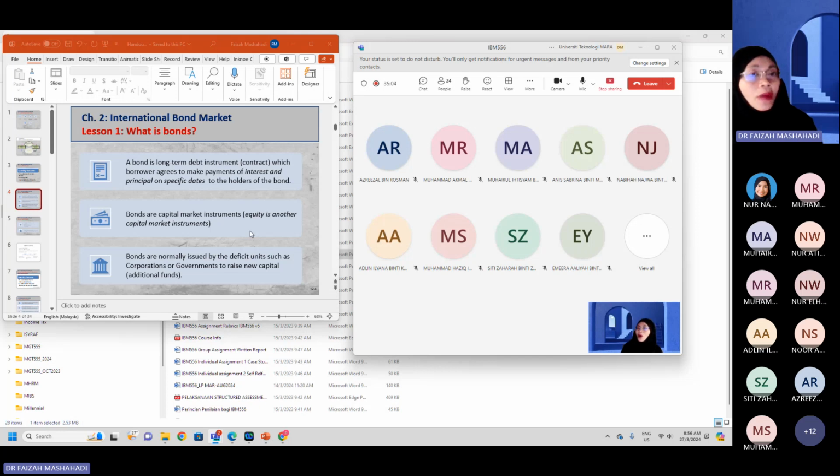We know how much is the principal and how much is the interest. From year 1 until year 10, the deficit unit must pay 1% interest on 1 million ringgit Malaysia. And at the maturity date of year 10, the deficit unit must return the 1 million ringgit Malaysia.